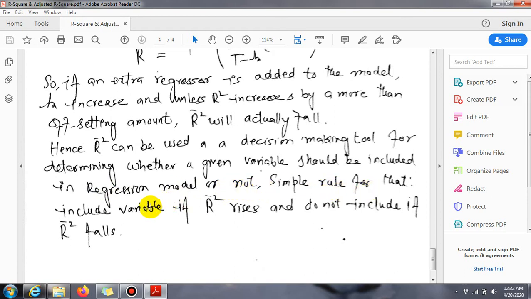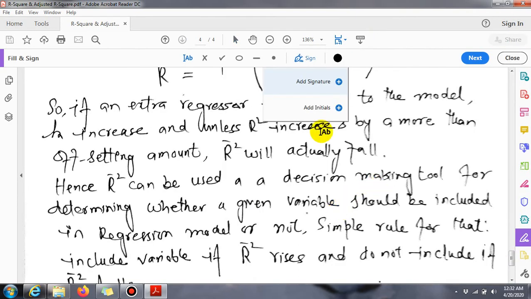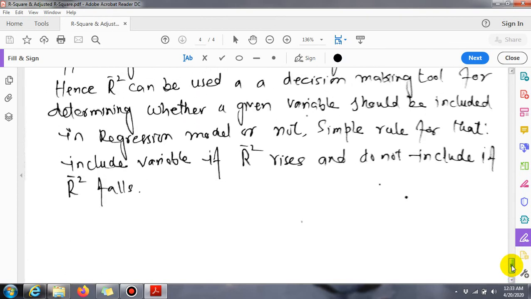Simple rule for the included variable: if R square bar, or adjusted R square, rises, then you can include a variable, but if the adjusted R square falls, then try not to include that particular variable which you are going to include.